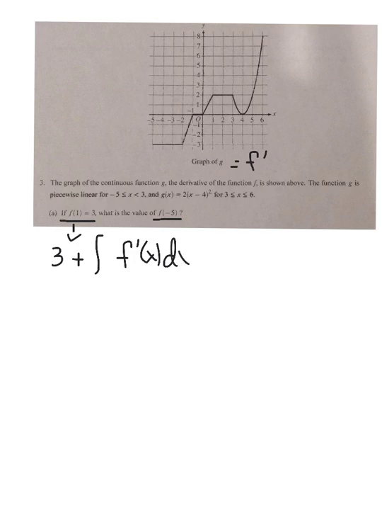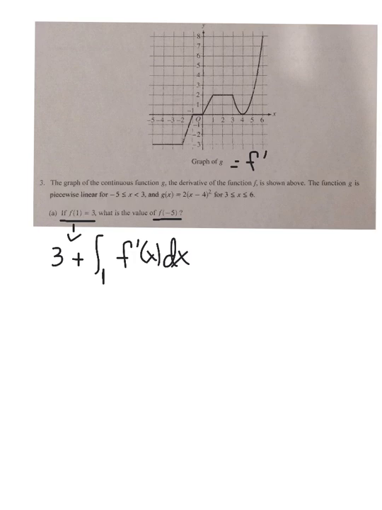Okay, now let's talk about these bounds. So remember, I think we had another question similar to this one. When they give you an initial condition, its value is 3, and that's why we have a 3 here. So the x value that corresponds with that is a 1. That is going to be our lower bound, always, of our integral. So we're going to put a 1 there.